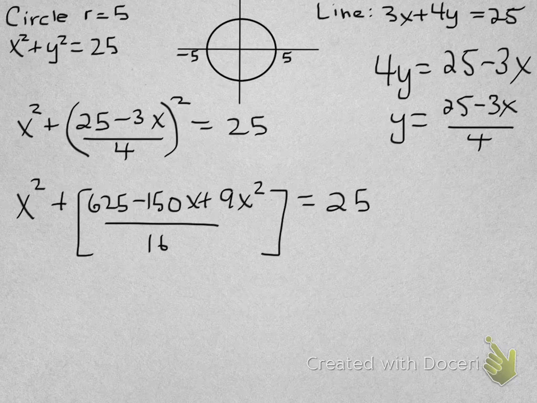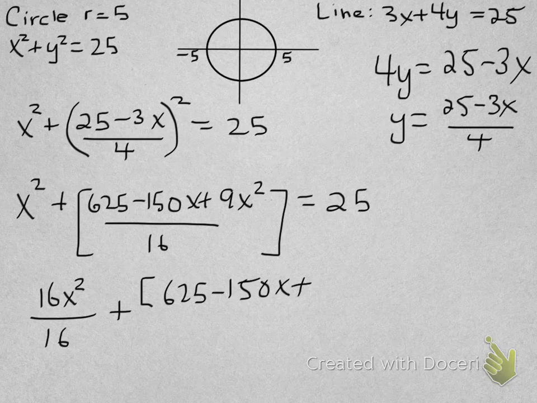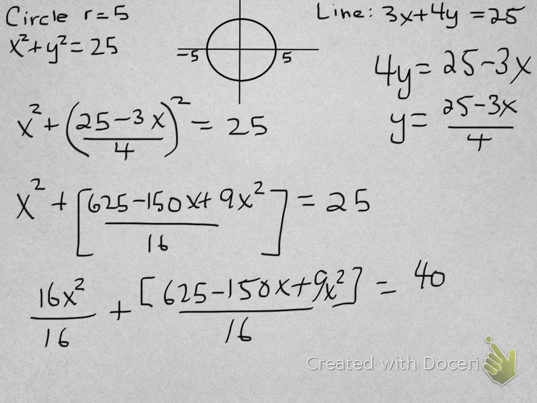Now in order for me to solve this equation, I'm going to have to get a common denominator throughout. You just need to use some knowledge of rational expressions, and you're very close to the solution. And 25 is exactly 400 over 16, so this question is working out nicely.